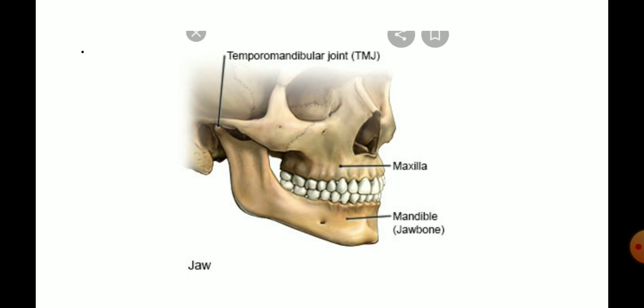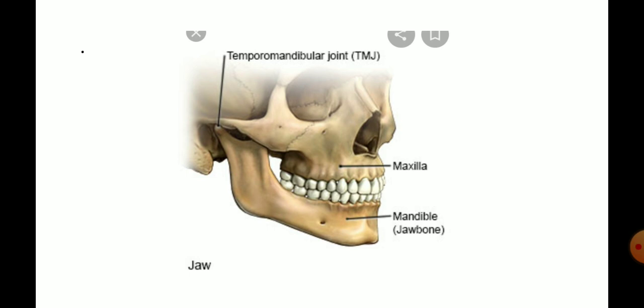The lower jaw bone, also known as mandible. It forms the lower part of the skull. The upper jaw bone, known as maxilla, forms the major part of the center of the face. So here you can see two jaw bones, the upper jaw bone and the lower jaw bone.